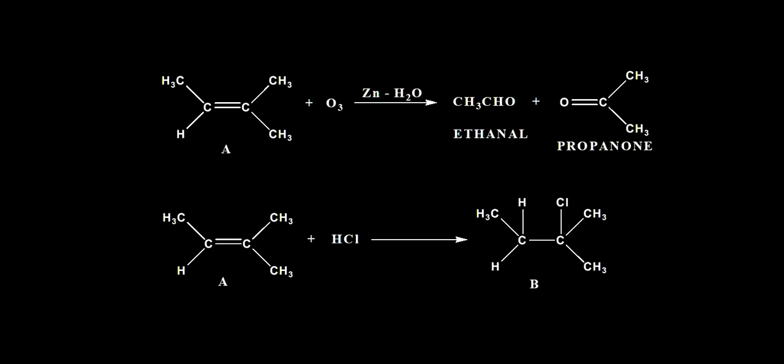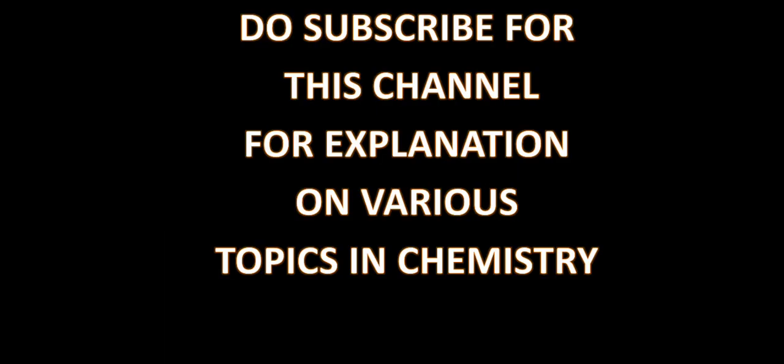So the Cl should go to the carbon containing less number of hydrogen atoms, that is the right carbon of A. So Cl will go to the right carbon and H will go to the left carbon. So that is your structure, that is your B, and if you compare, you'll get your answer. So that is how we need to solve this type of questions.